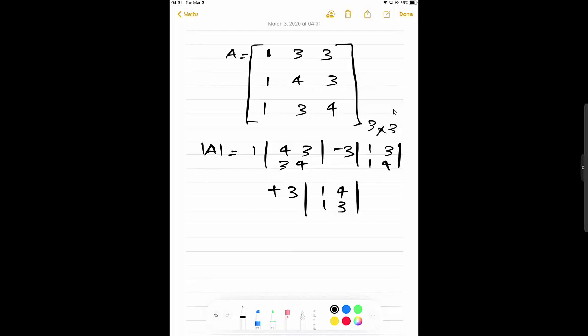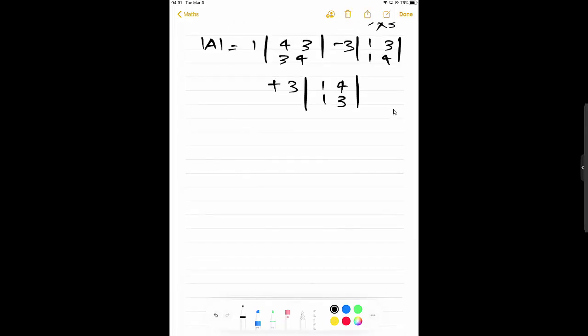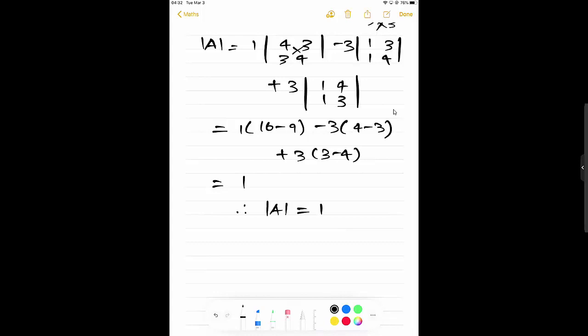I have already explained how to find the determinant of a matrix. It is equal to 1 of 16 minus 9, that is, principal diagonal minus offset diagonal. Like that you have to apply for every value, or minus 3. So the final answer is 1. Therefore, determinant equals 1.